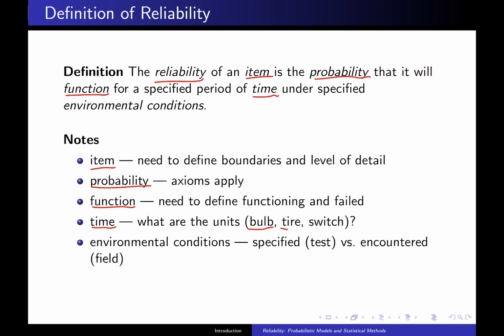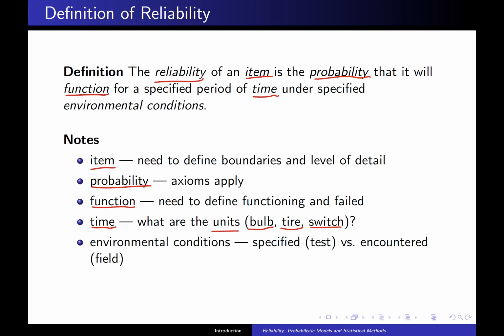If you have an automobile tire, then in that case it might be the number of miles driven. If you have a switch, it might be the number of cycles. So once you get the context in a particular problem for what time is, then you have to define the units. So the light bulb, for example, the time units might be hours or months or years, etc.